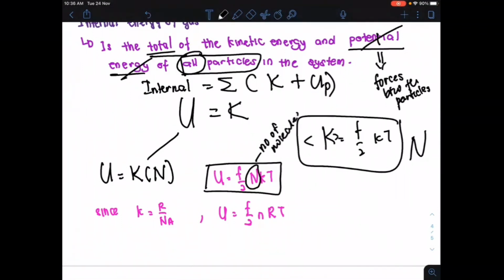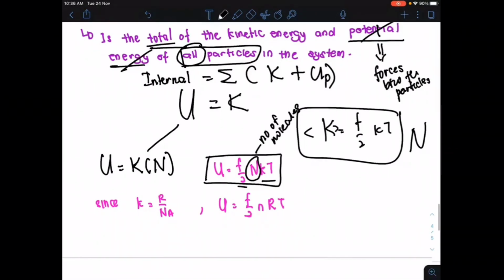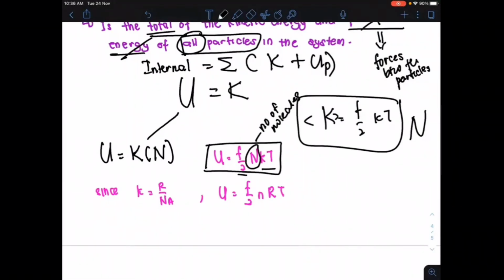So when this is your number of molecule, darab dengan kinetic energy F/2 kT. Since k adalah Boltzmann constant which is equals to molar gas constant divided by Avogadro number, so kita akan dapat U here F/2 number of molecule, tempat Boltzmann constant I'm going to substitute R/Na darab dengan temperature.